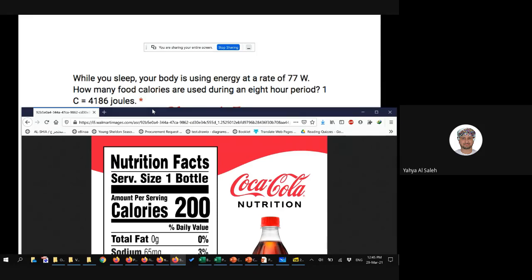No, this is 200 kilocalories where 1 kilocalorie is 4186 joules. In the food industry, they usually don't trust people enough to trust them with a unit such as kilocalorie. So they just wrote calorie.